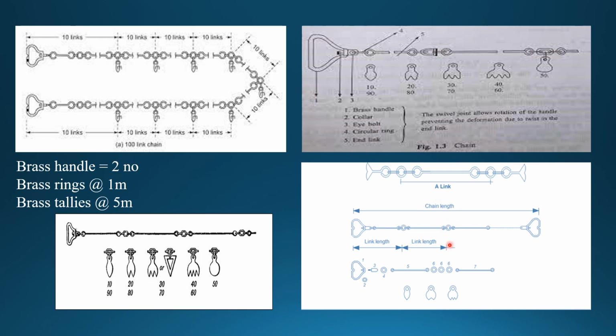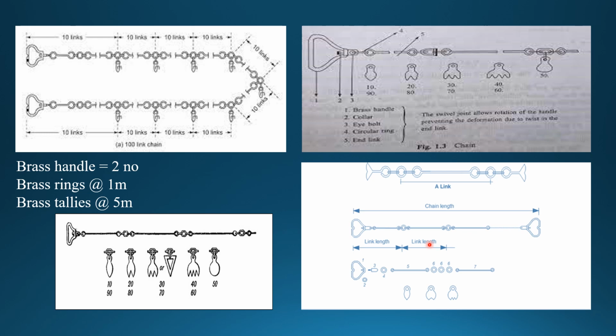Further discussing the link length, I will give you one example. In our academics we draw many sheets, and for that we use a scale. On that scale there are distances mentioned in centimeter, mm, or sometimes in feet, and from those we measure the smallest distance and largest distance.